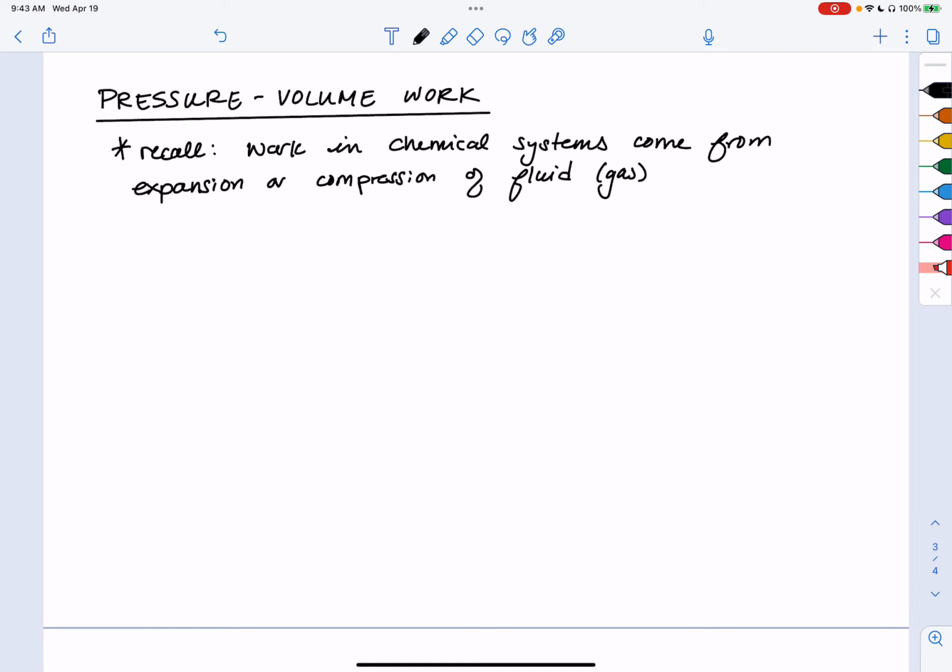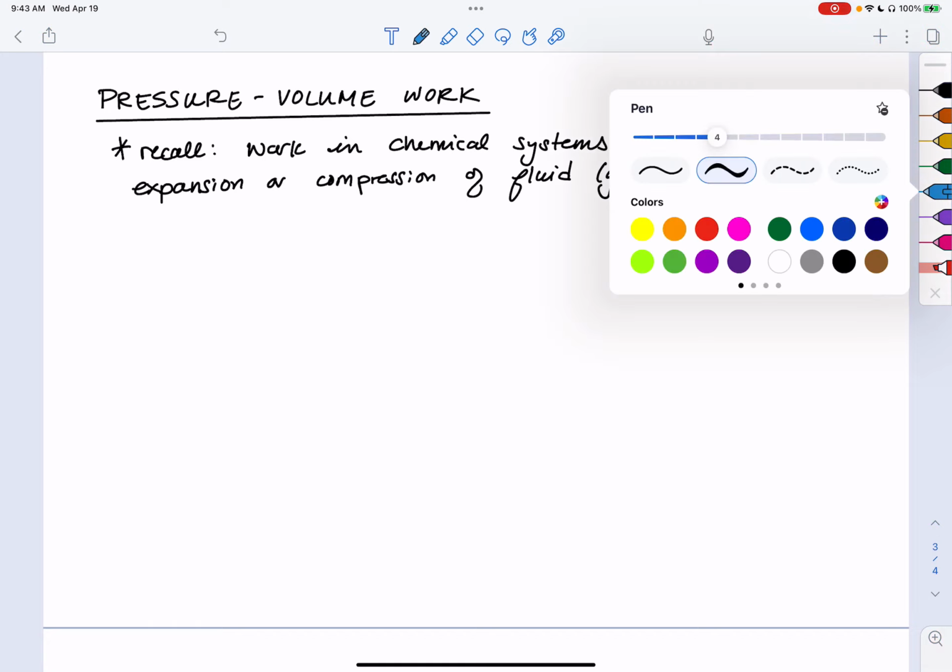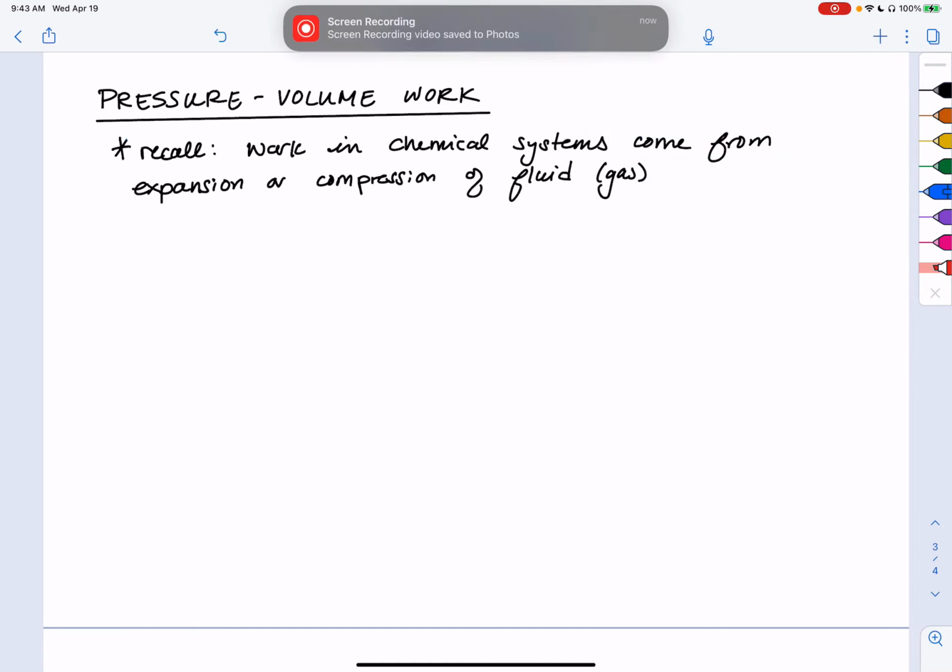So let's start with just a little reminder about what is going on with pressure volume work and why we care about this in general in our thermochemistry analysis.